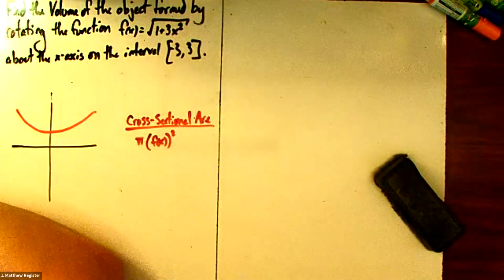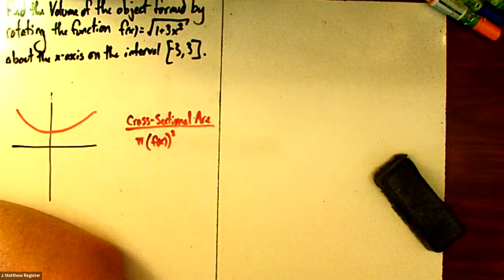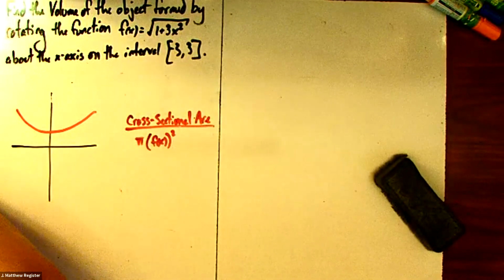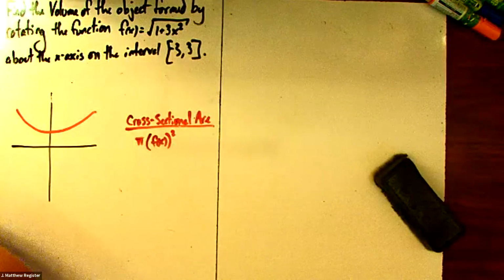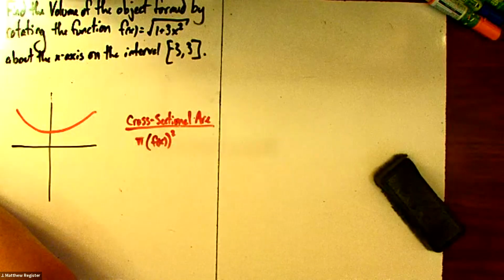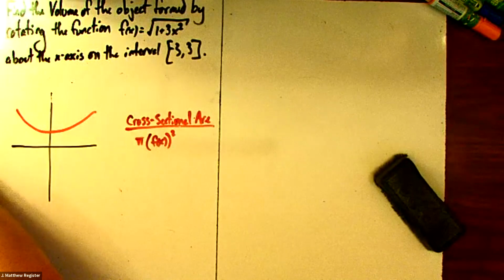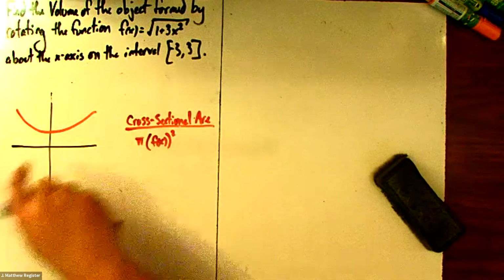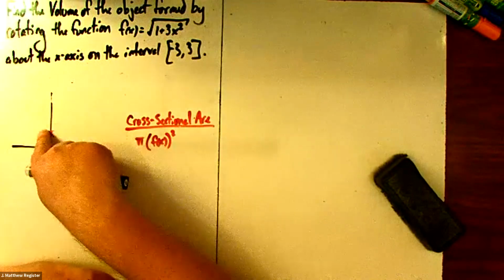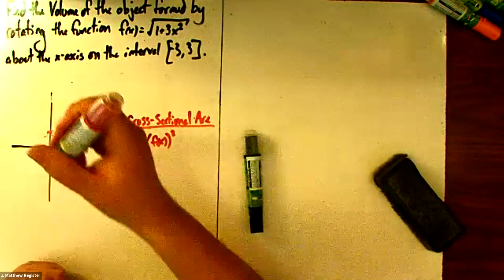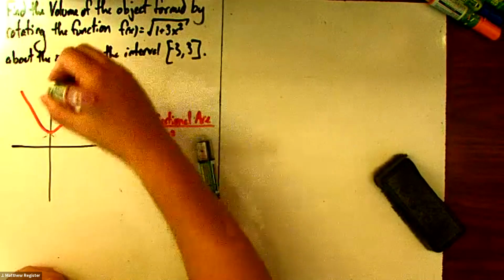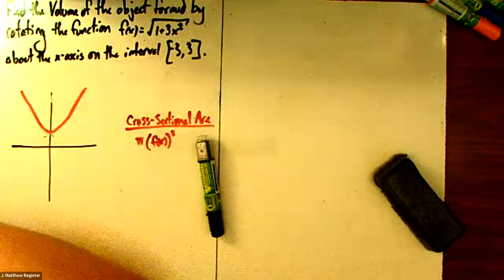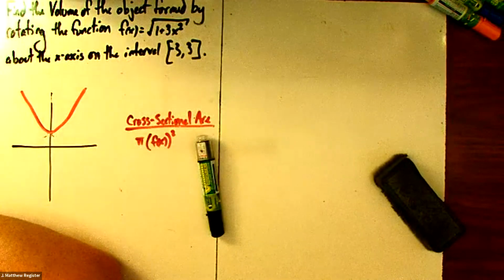Let me quickly double check that that's what it would look like before I say that. Using Desmos real quick. 1 plus 3x squared. Yeah, that's roughly what it looks like. It's actually a little bit steeper than that, but that's okay. So it looks something like this on the interval from -3 to 3.